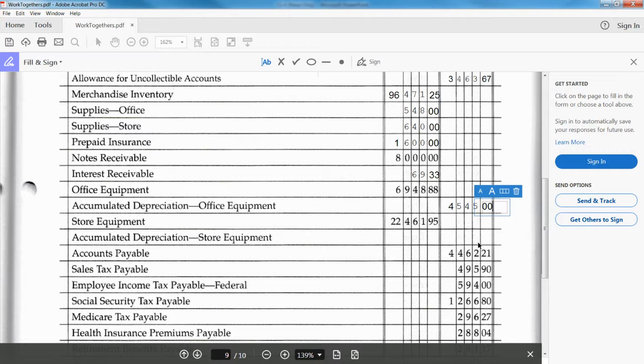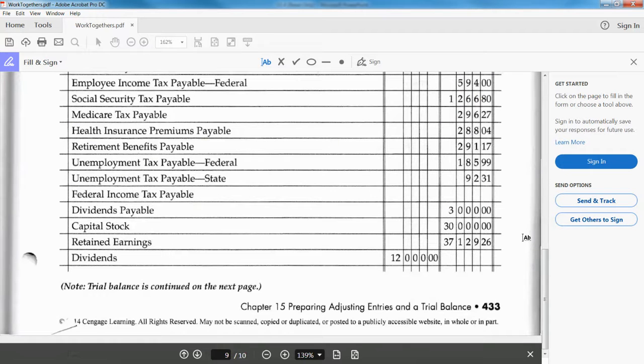And then accumulated depreciation store equipment is $16,004.00. We're not going to do federal income tax payable yet. We haven't calculated that yet.